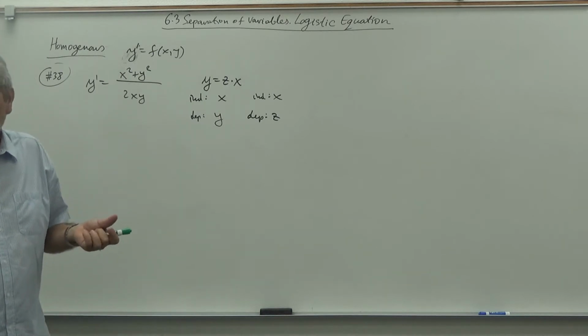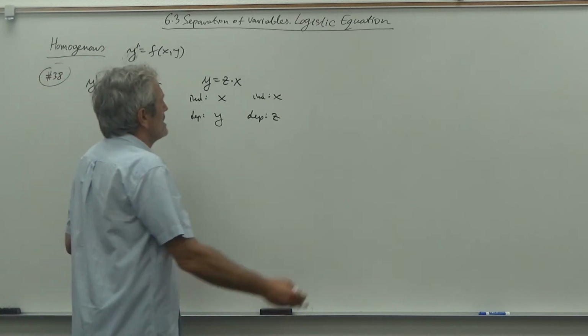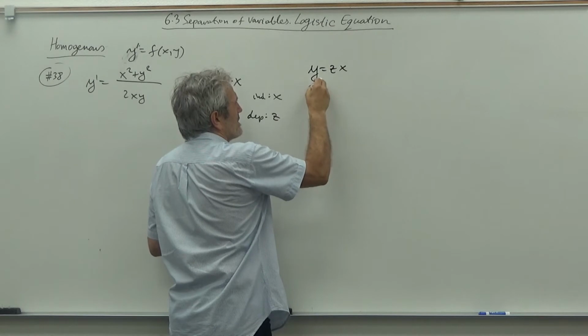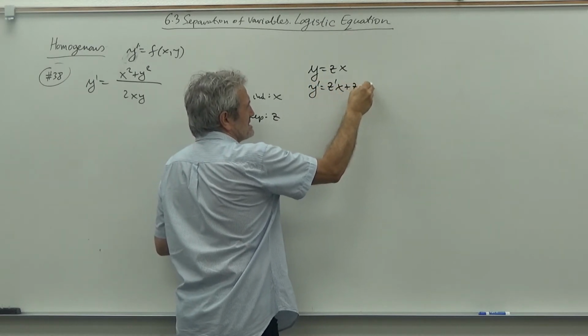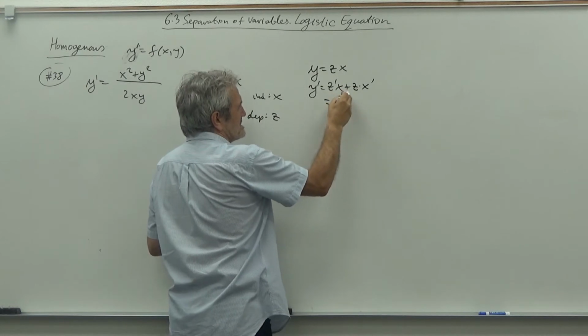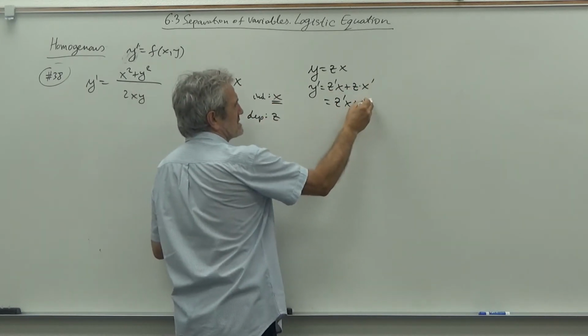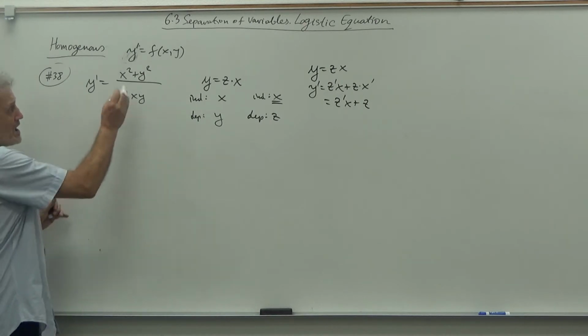Of course, you ask why that should always help for a homogeneous equation. Here's the story. If y equals zx, then y prime, using the product rule, is z prime x plus z x prime, which is z prime x plus z, because x prime is 1 as we are differentiating with respect to x. When you do substitution, y disappears completely, z takes over. x is fine.